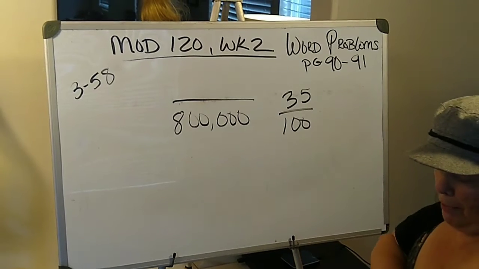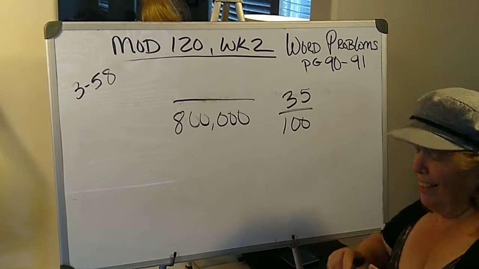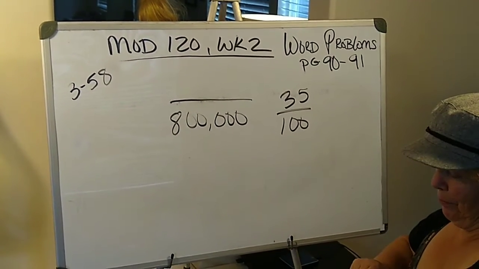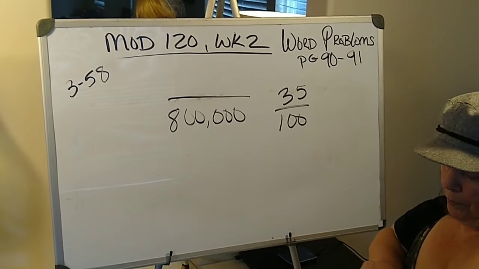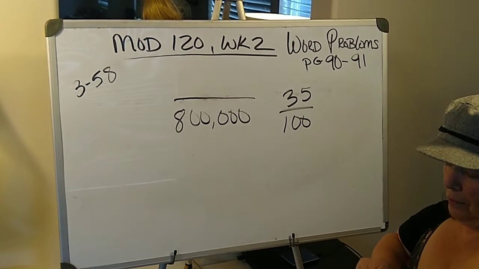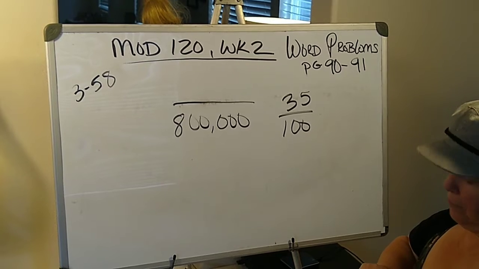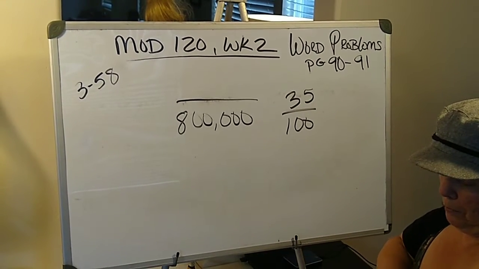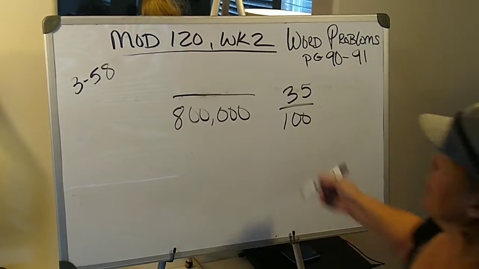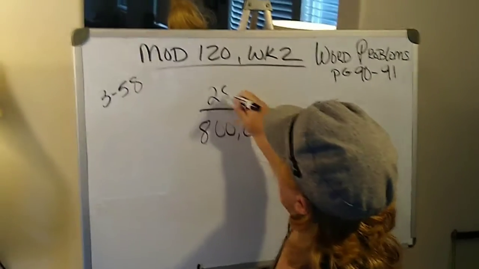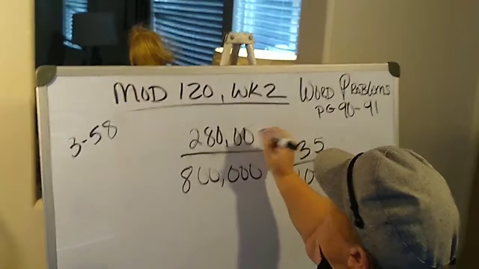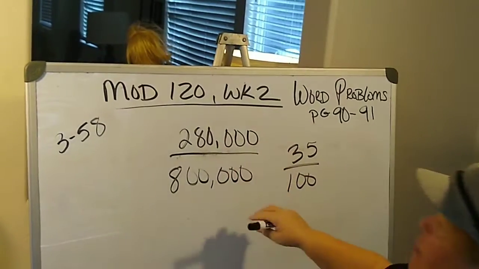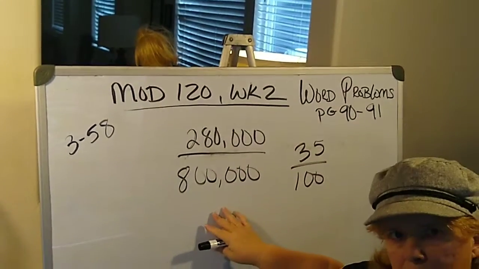Hold on. My calculator's doing weird things. All right. So 280,000 is 35% of 800,000.